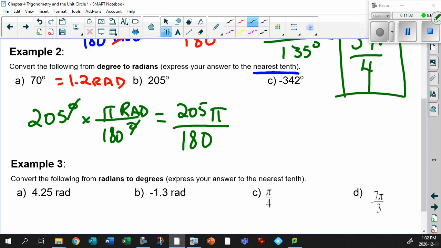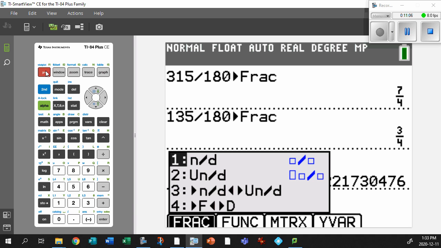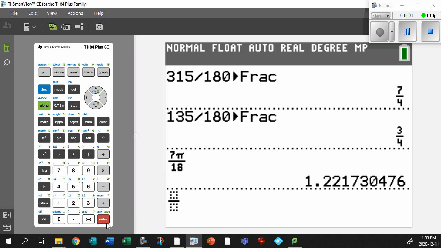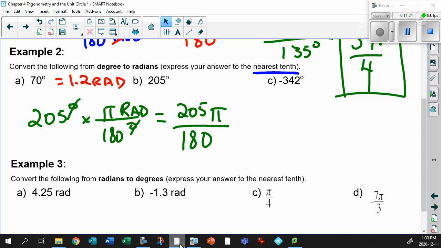All right, let's throw that in the calculator right now. Boom. There's a fraction. We want our 205 on the top, 205 pi, second pi, over the 180 degrees conversion. Boom, you get 3.577 or 3.6 rads.